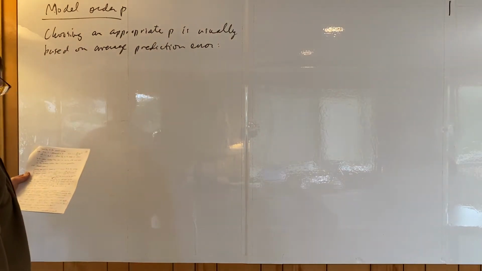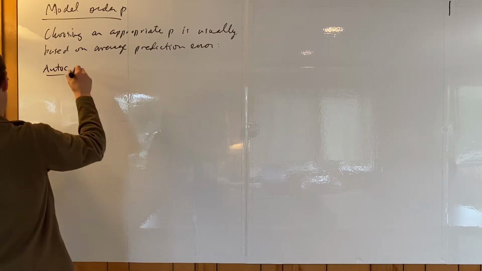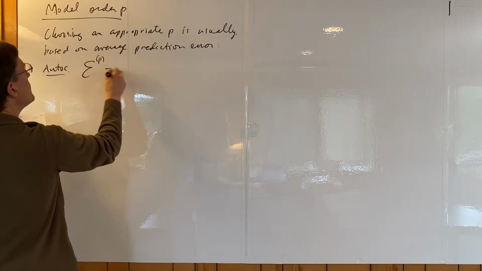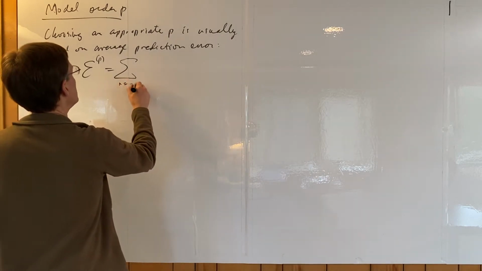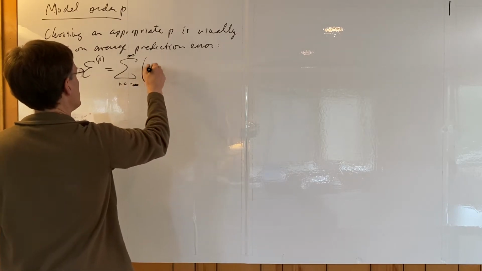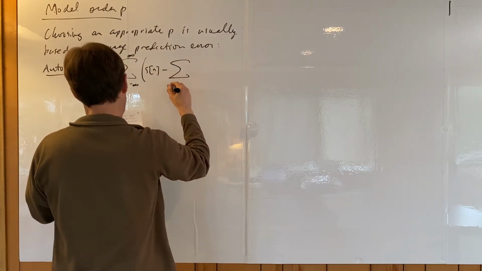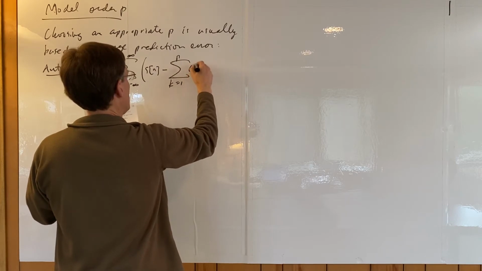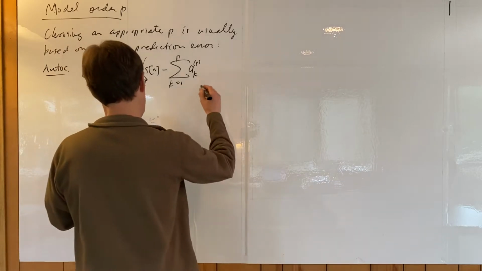And let's just write that down in the two cases, the two methods, right? The autocorrelation method, we had the following for the total prediction error. So this one is the sum n equals minus infinity to infinity, and we've got in here S of n, then minus this sum k equals 1 to p, and then a_k, we'll put a superscript of p there as well, and then S of n minus k.